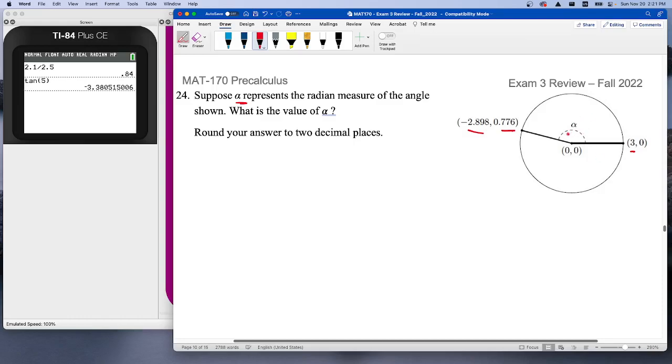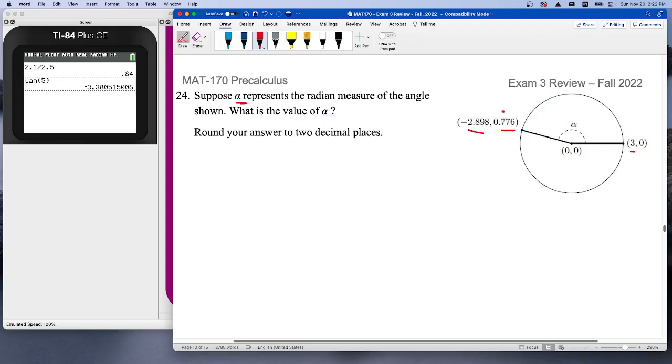So remember that for the angle, we could use either sine or cosine. I would recommend using cosine because inverse cosine is valid from 0 to pi.